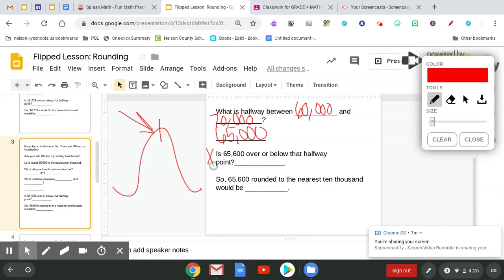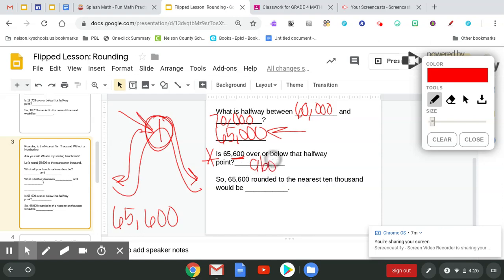So the question now is, is 65,600 over or below this halfway point of 65,000? Well, the number is 65,600, so it is 600 over my halfway point. So it is above that halfway point or over.